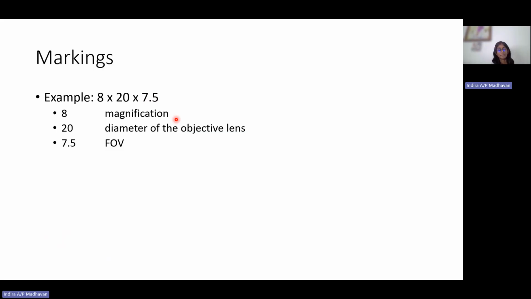So when we want to prescribe someone a telescope, when we have already calculated the magnification that is actually required by the patient, we try to match with the first number. The other two are just supplementary for our understanding. They are not involved in the prescription. We don't select based on the diameter of the objective lens or the field of view.